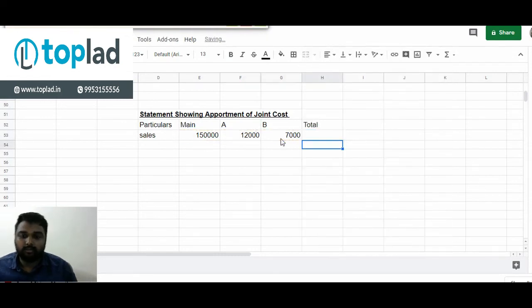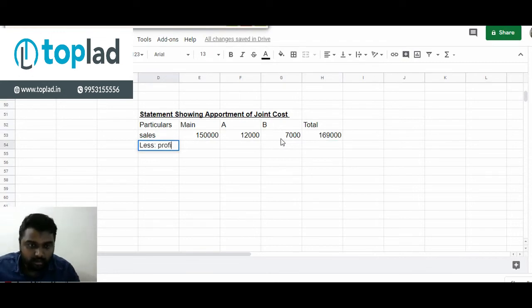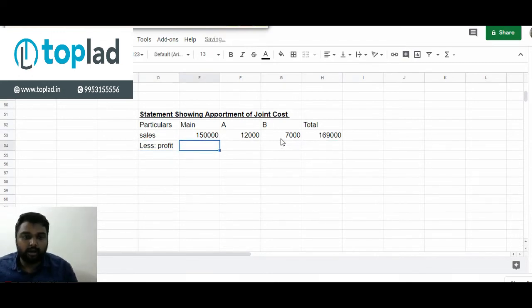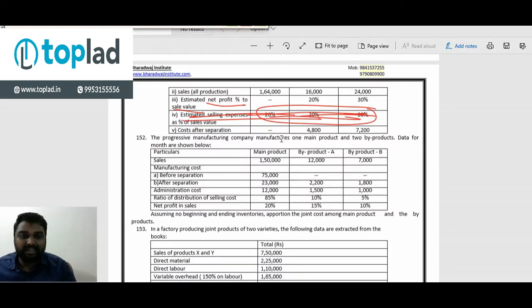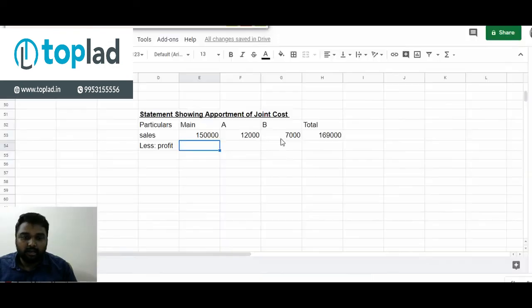Are you ready? So less profit. What is the profit? Profit is given as a percentage of net profit, here the percentage of sales only.